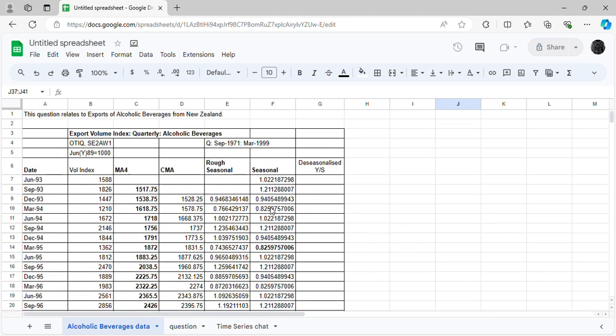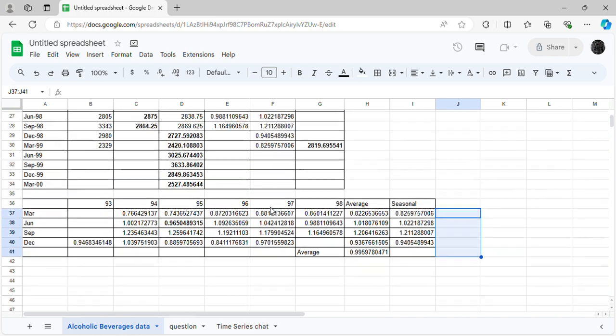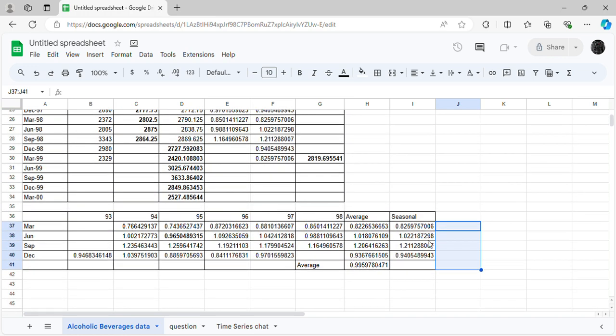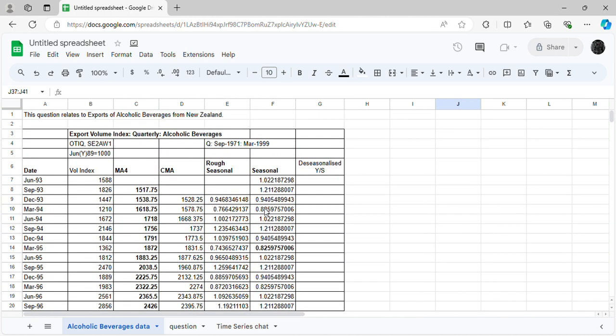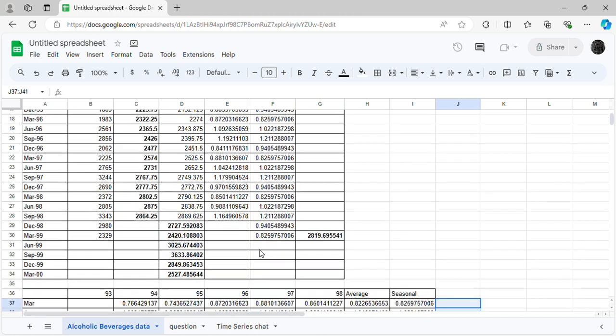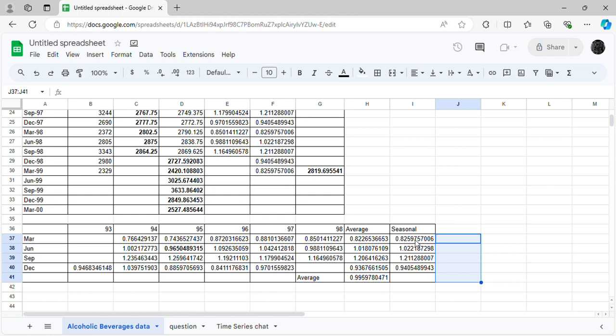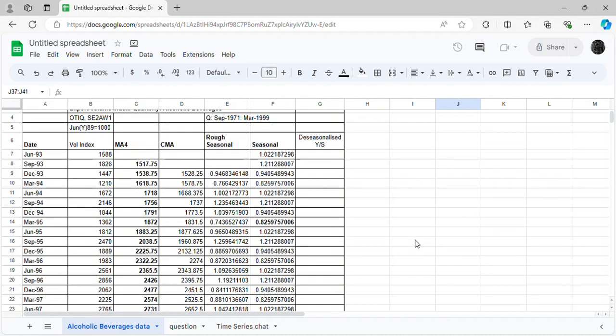For March 1994, we have 0.825975, and so on. And we repeat those seasonal values. So for March 1995, it will be the seasonal value for March, 0.8259757006.